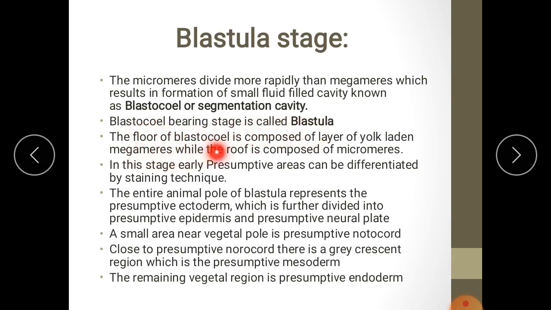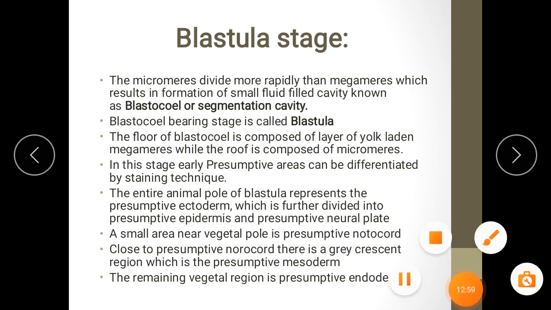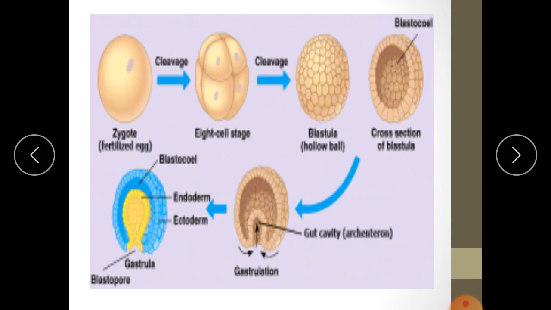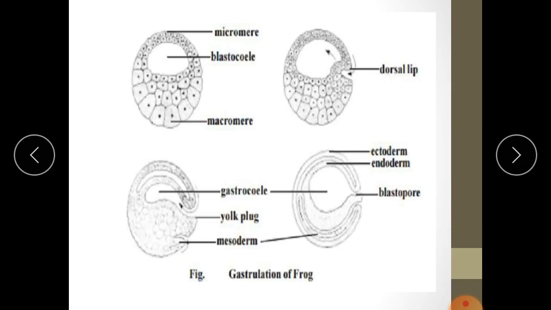The floor of the blastocoel is composed of a layer of yolk-laden megameres, while the roof is composed of micromeres. In this stage, early presumptive areas can be differentiated by staining technique. The entire animal pole of the blastula represents the presumptive ectoderm. So this part represents presumptive ectoderm.